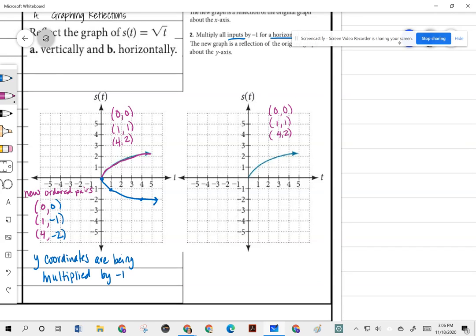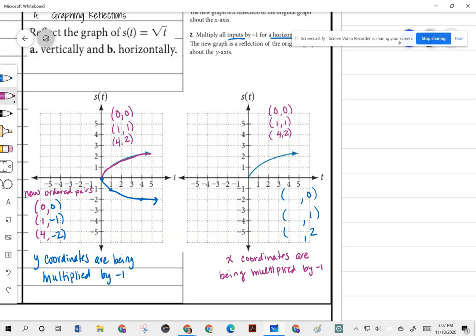So remember on B, what we are supposed to do is when we go horizontally, we're multiplying all of the x's. So what stays the same are the y coordinates. And so in this case, we are going to take the x coordinates, and the x coordinates are being multiplied by -1.